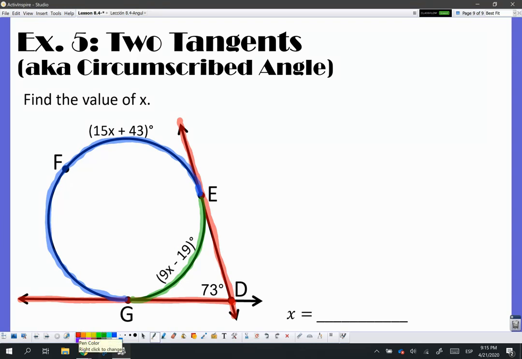So remembering it from our page, we have the angle first, which in this case is going to be EDG.